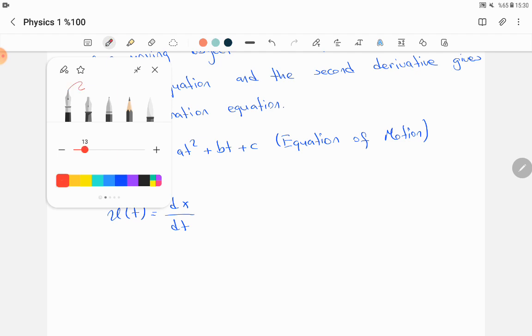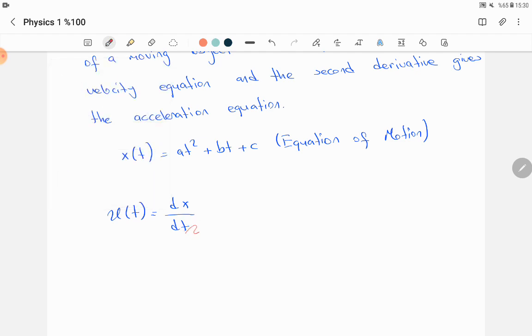This term tells us what we derive with respect to; here we are deriving with respect to time.